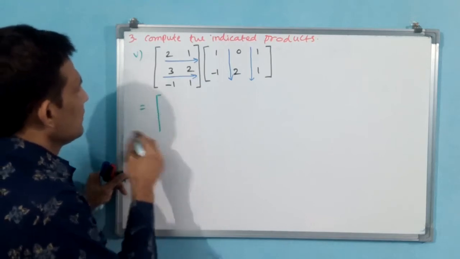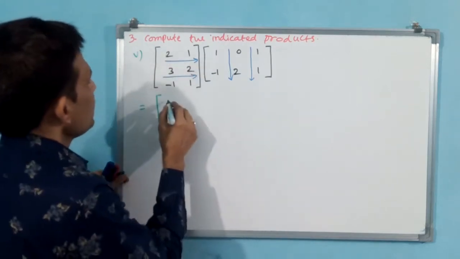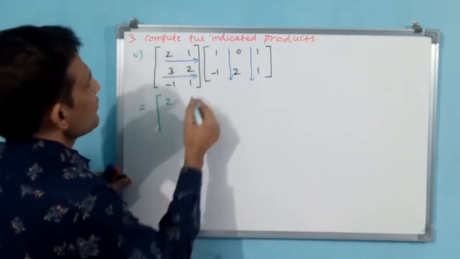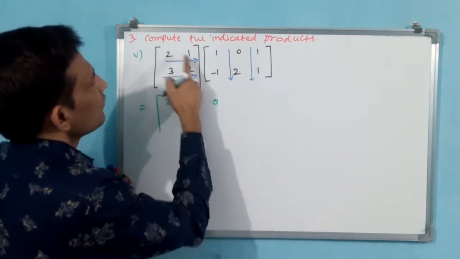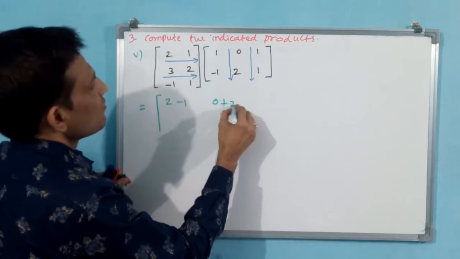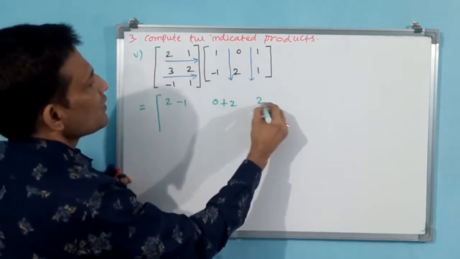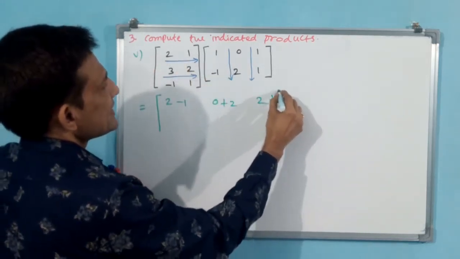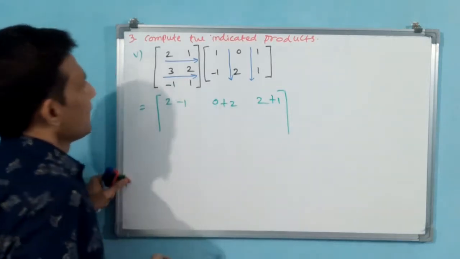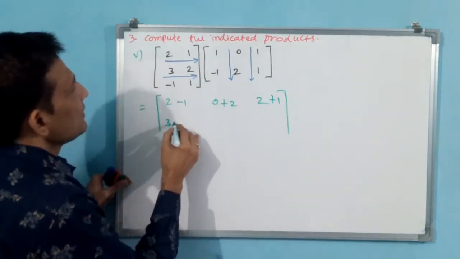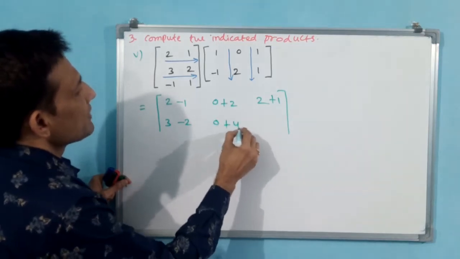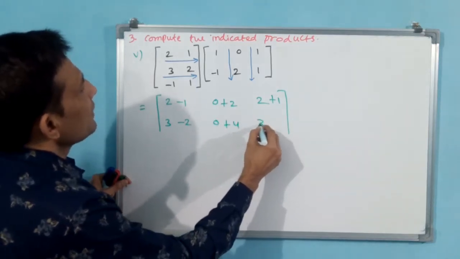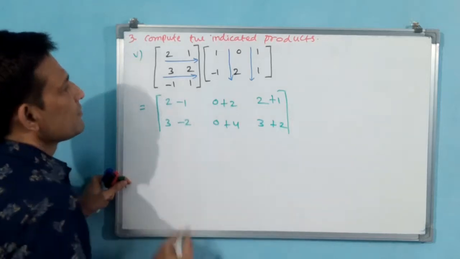Now you see 2 into 1, 2, 1 into minus 1, minus 1, 2 into 0, 0, 1 into 2, plus 2, 2 into 1, 2 plus 1. 3 into 1, 3 minus 2, 0 plus 4, 3 plus 2.